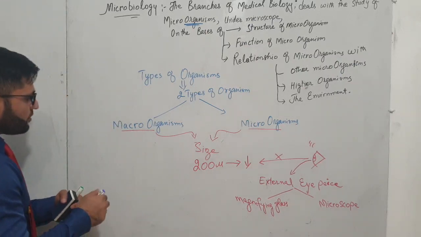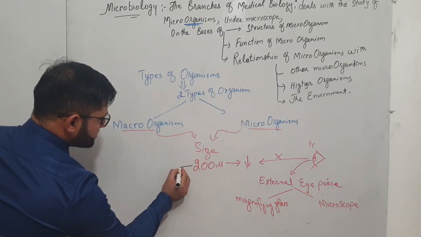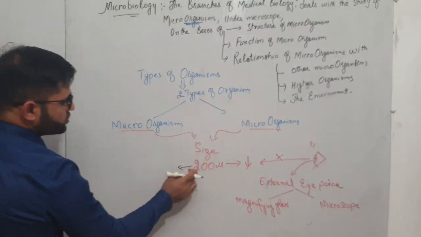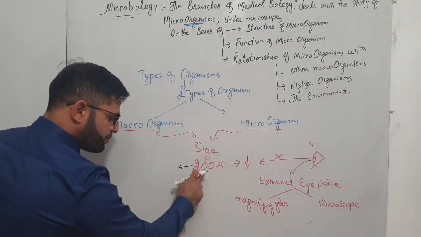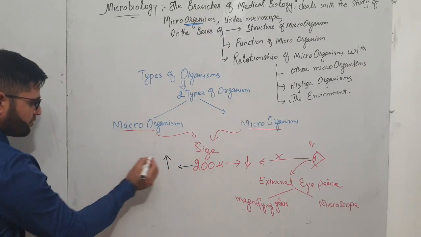Clear? Now about macroorganisms. Macroorganisms are those organisms whose size is approximately 200 micron or more than 200 micron.